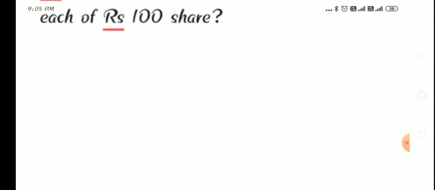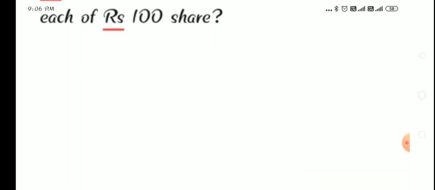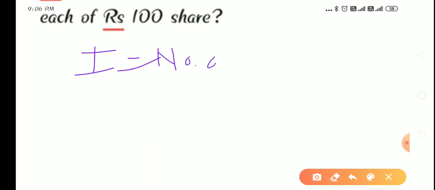Okay, now investment is given 7500 rupees. So investment formula you can apply, investment equals number of shares into MV of one share.